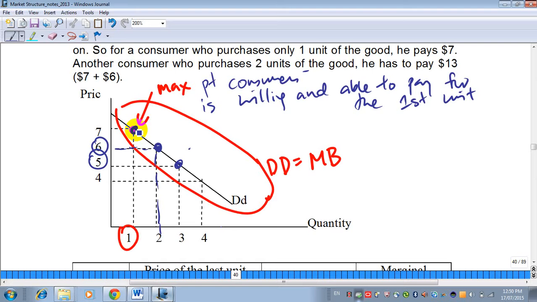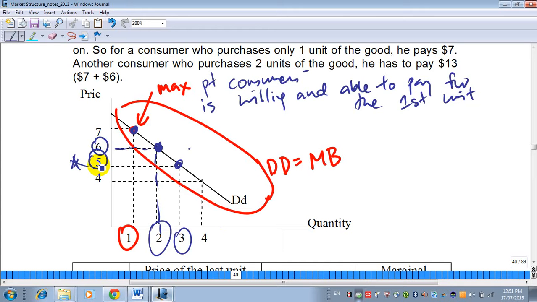Let's say for the second unit of chocolate cake that he sells you, he knows that the maximum price you're willing and able to pay is $6, and he charges you the exact same price of $6. You'll be like, wow, how does the producer know? It is obviously a very unrealistic assumption for first degree price discrimination. And for the third unit of chocolate cake that you consume, he also knows that the maximum price you're willing and able to pay is $5.